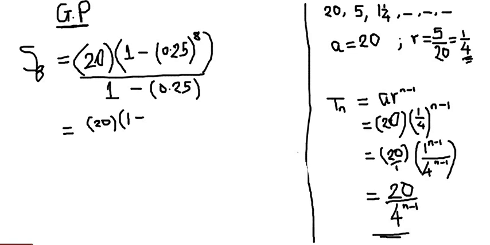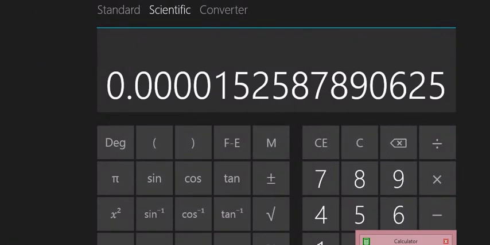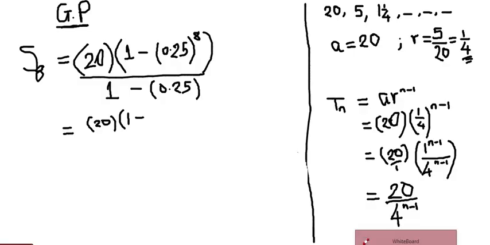0.25 to the power 8 is an extremely small number, which may look something like that: 0.000015258. So even if we are to round off to 1 decimal place, 2 decimal places, 3 decimal places, it is still giving us 0. So in short, that is 1 minus 0.